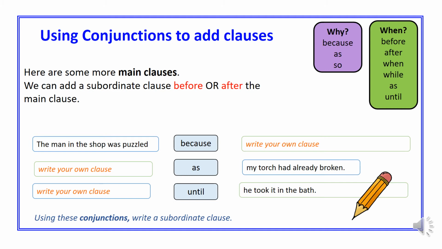Second one, I would like you to begin with a subordinate clause: as my torch had already broken. And the third sentence, begin with your subordinate clause: until he took it in the bath. Pause the video to have a go at these 3 sentences.